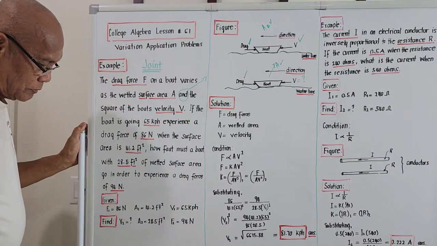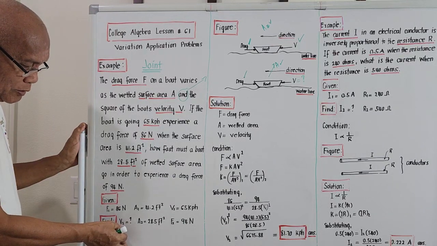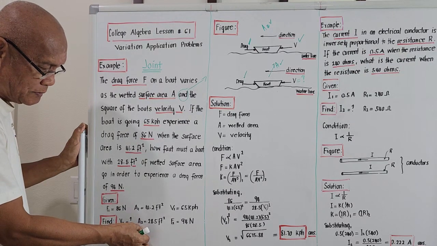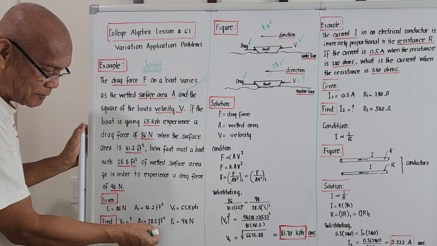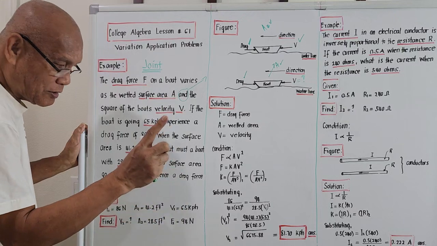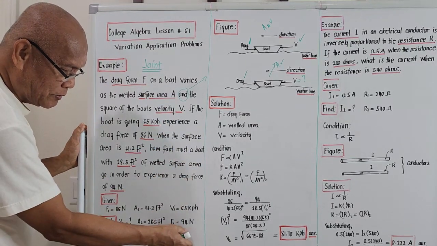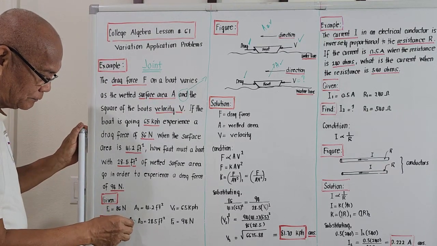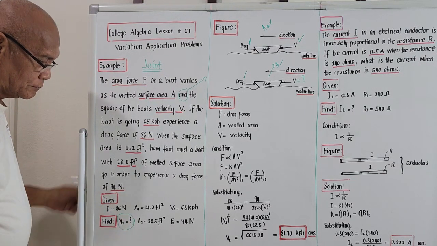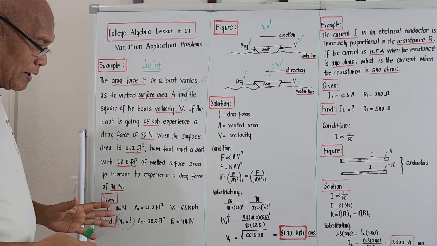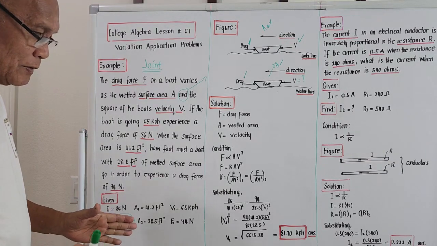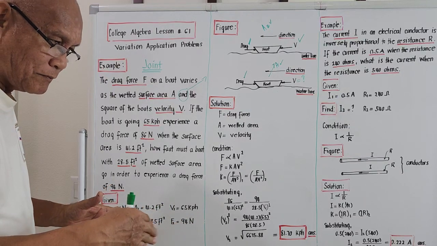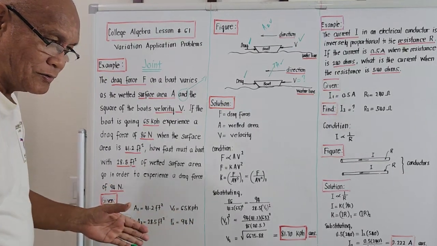For condition number two, what will be velocity number 2, if the weighted surface area is 28.5 square feet and the drag force is 94 newtons? The problem is asking for velocity number 2. So actually we are given 5 values. The 6th value, the third value on the second condition, is unknown.